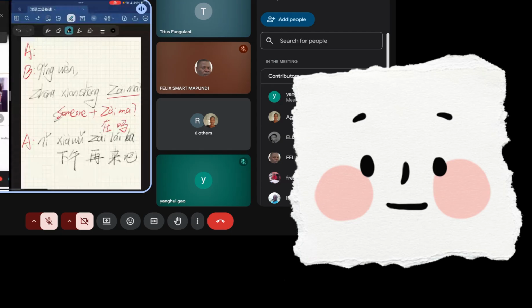So please come again in the afternoon. 你下午再来吧. Here 吧 is at the end of the sentence to indicate it's like a suggestion.